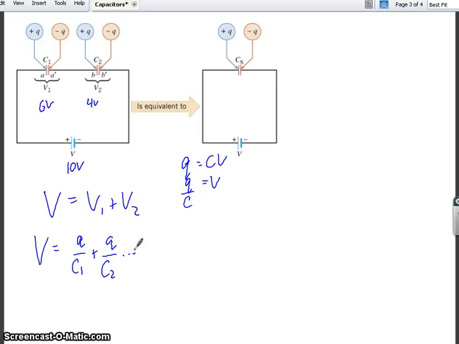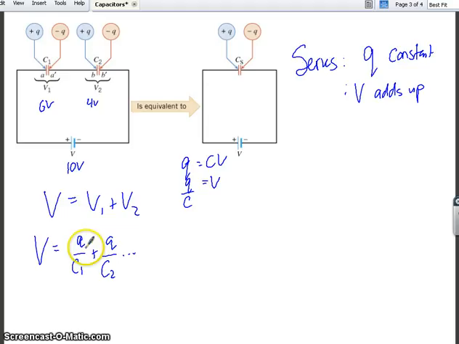In a series combination of capacitors, Q is constant, and voltage adds up. Okay, Q is constant, voltage adds up. So Q is the same thing, so it's going to be Q times (1 over C1 plus 1 over C2).